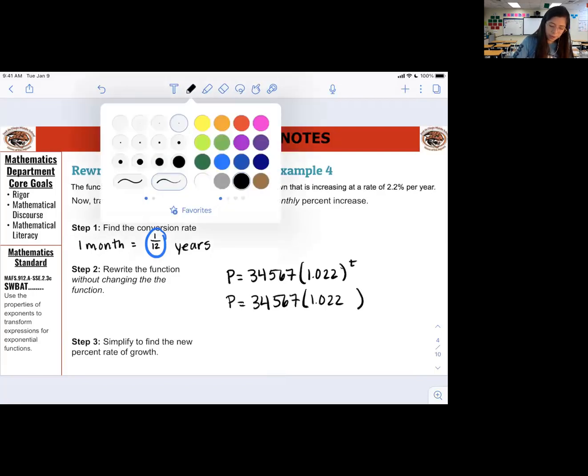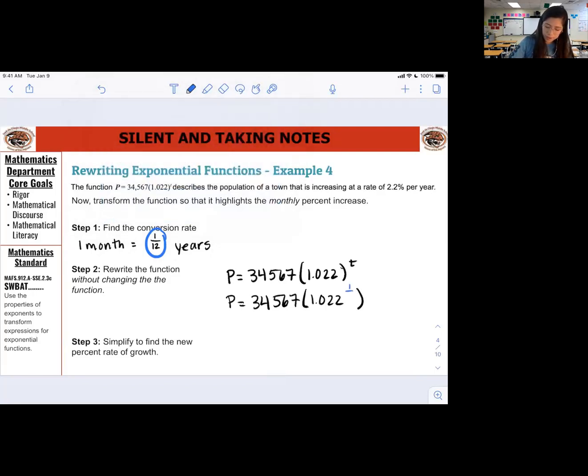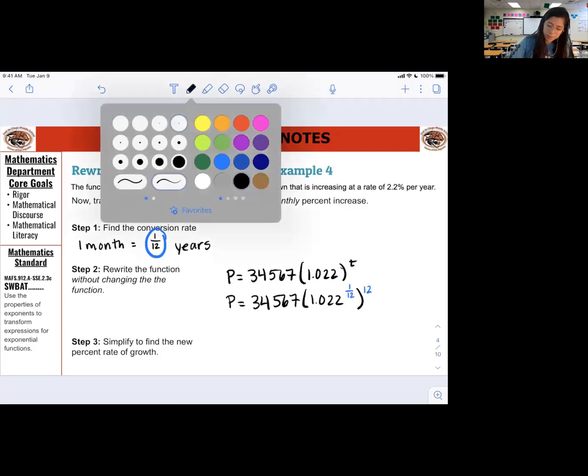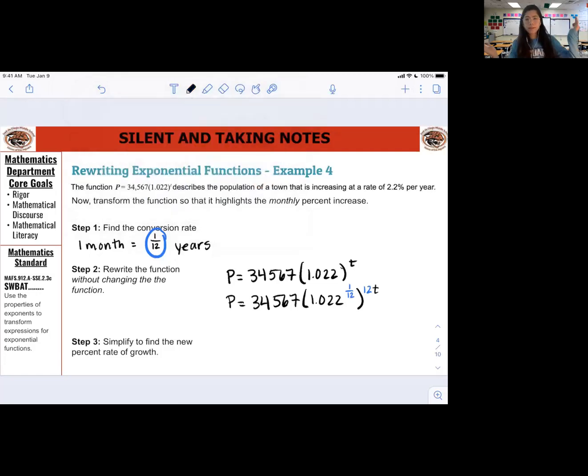And when my 1 over 12 goes in on the inside, what has to go in on the outside? 12. 12 goes in on the outside. Good. Remember, we always want to balance it back. When I throw it off balance, we want to push it right back. So how do we feel? Any questions up to this point?